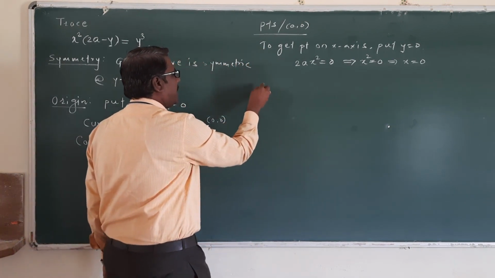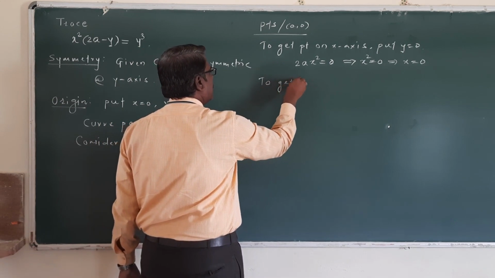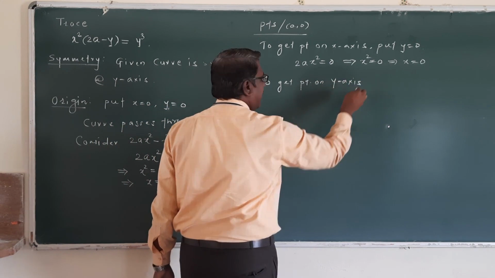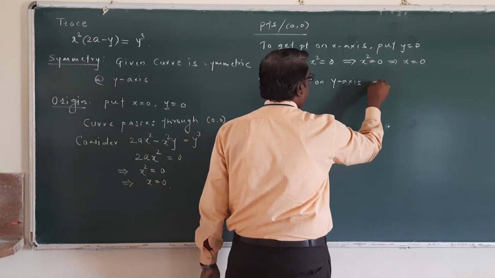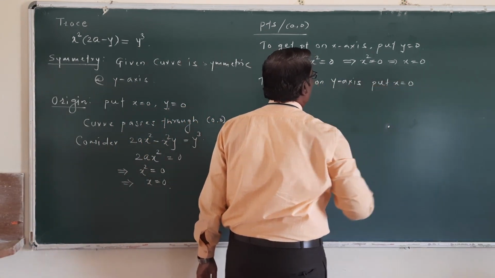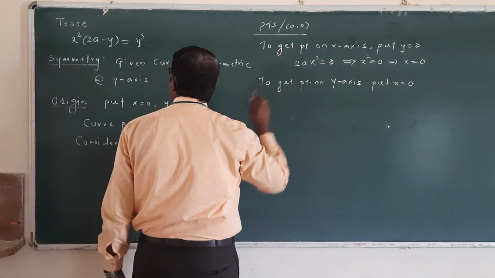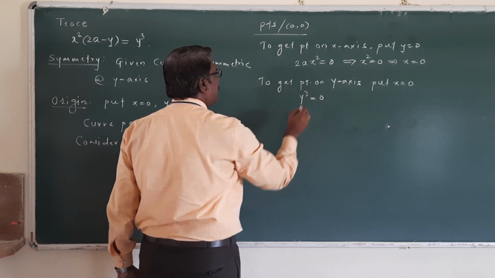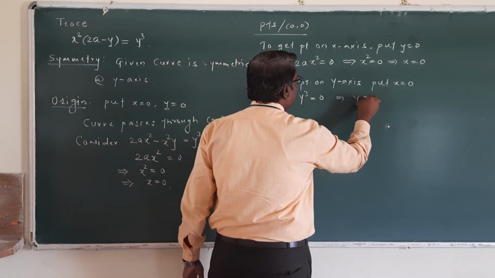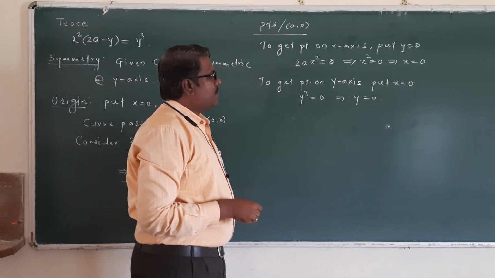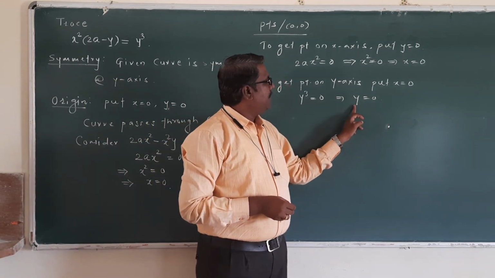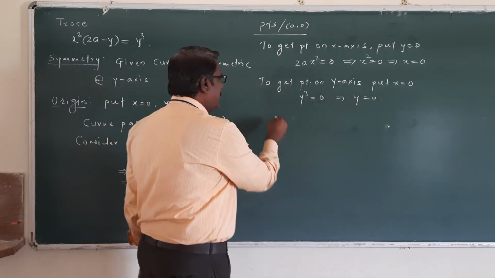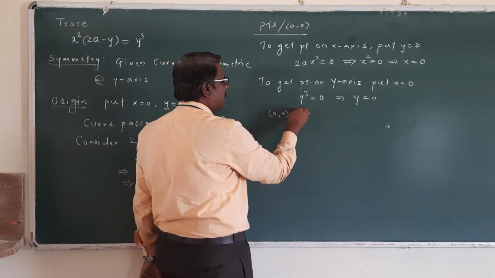Now to get a point on y-axis, put x is equal to 0. When x is 0, in the given equation we get y cube is equal to 0, and this implies y is equal to 0. So by putting x is 0, we got y is equal to 0, and therefore origin is the only point of intersection.